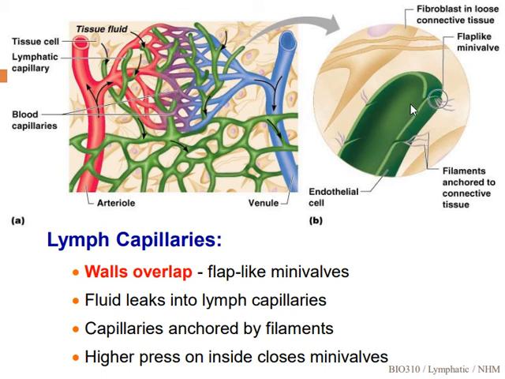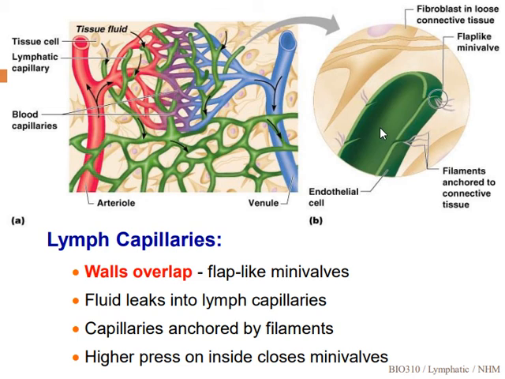So what will happen when the fluid inside the lymph capillary is not full, and the outside will produce a higher pressure compared to the inside of the lymph capillaries.